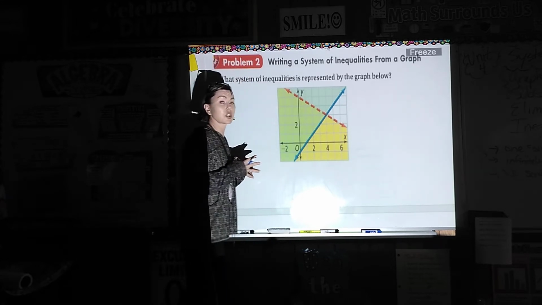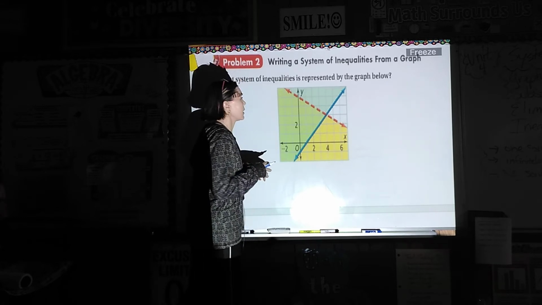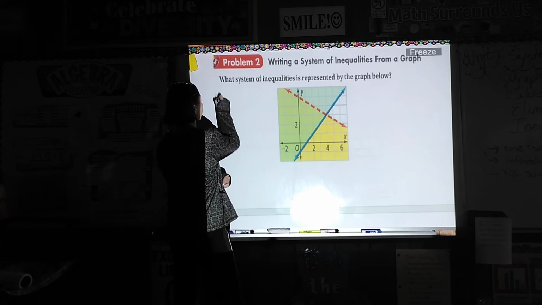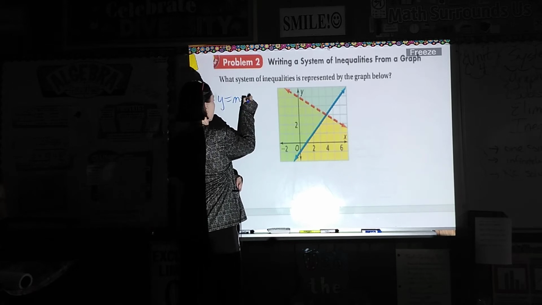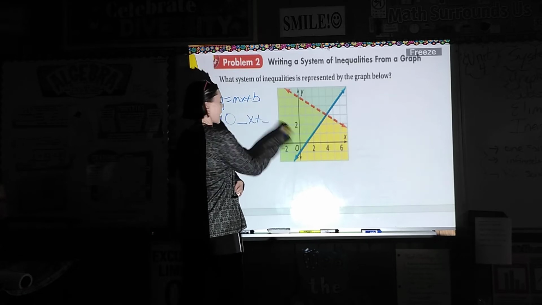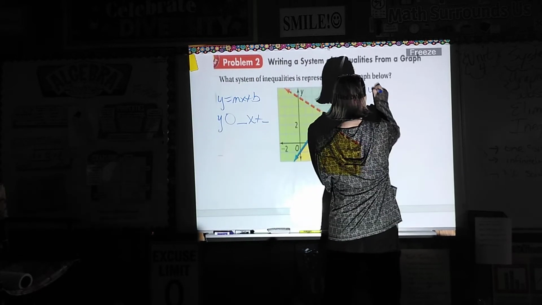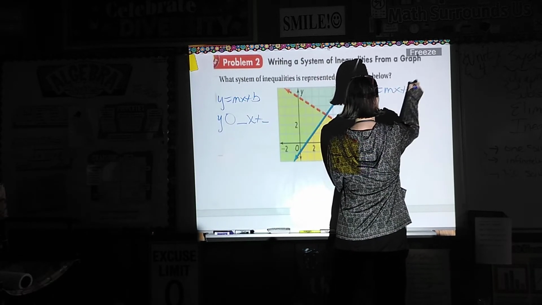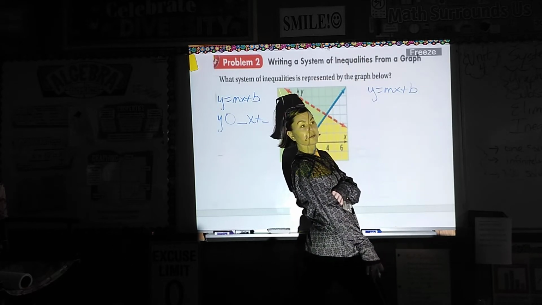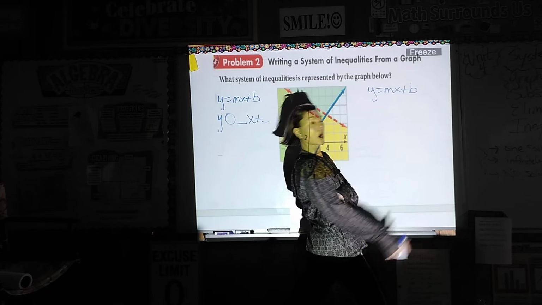So what I want you to do, though, is write this. We're going to write y equals mx plus b, then y, circle, blank, x plus blank, and do it on the right side. Yes, I know this is not an equation, this is an inequality, but we're doing it after slope-intercept form.